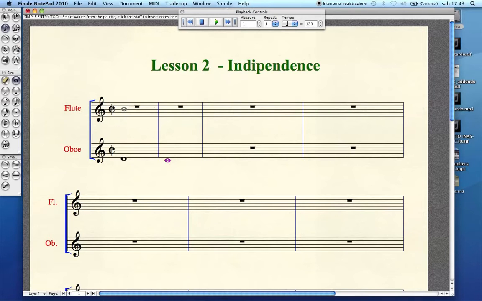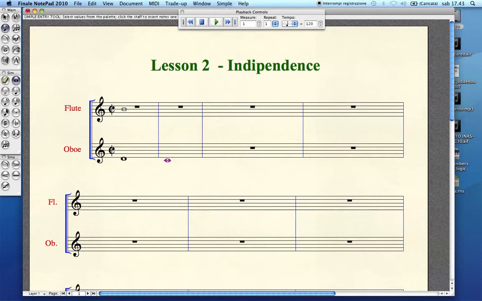So we can do many things. We want the voices to sound independent because we want to recognize them as different, like it's more melodies, more different melodies that are sounding simultaneously.